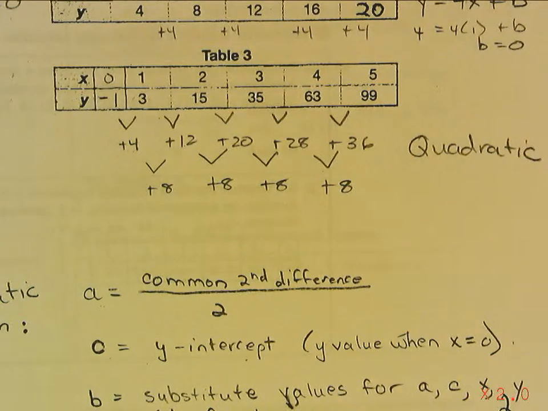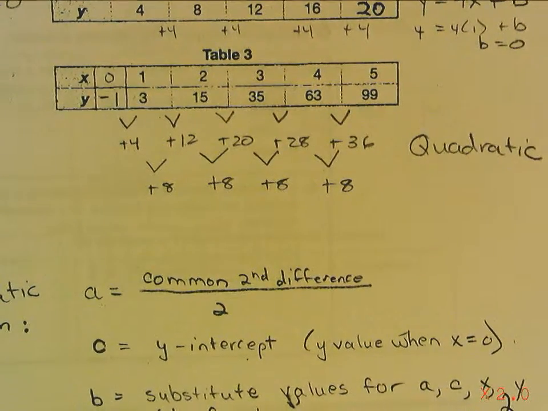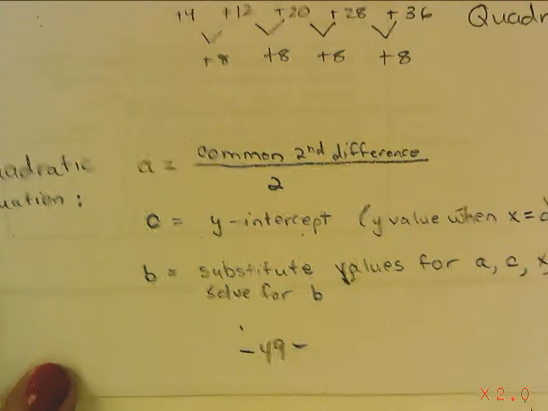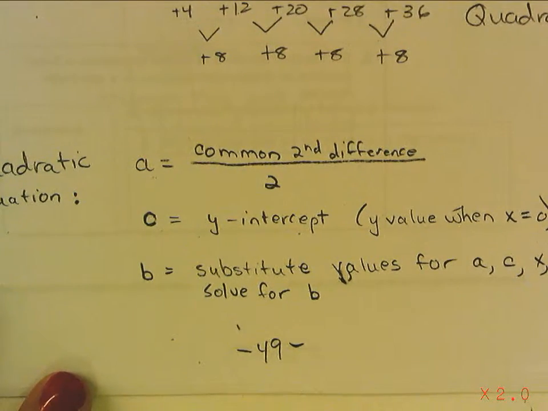Okay? Now, to come up with your equation, here, if we look down at the bottom, it says for a quadratic equation, your a ends up being your common second difference divided by 2. C is your y-intercept. It's the value of the function when x is 0. And to find b, you substitute.